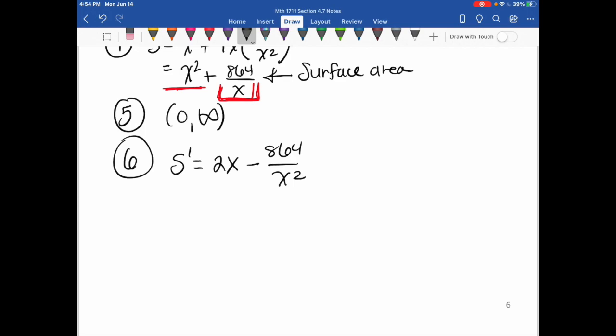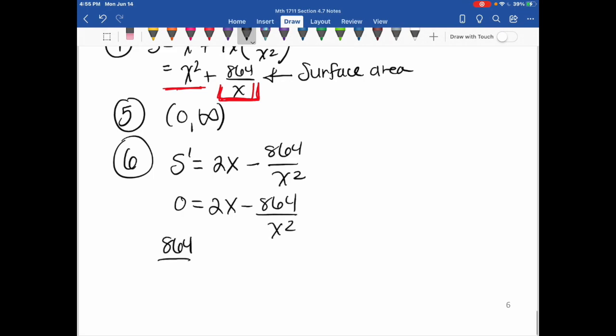So now we look to see where the derivative is equal to 0 or where it's undefined. Since we're not going to let x equal 0 here because we need a bottom of the box, we don't have to worry about x equal to 0 because we're not including that in our domain. But we can see what makes this derivative 0.